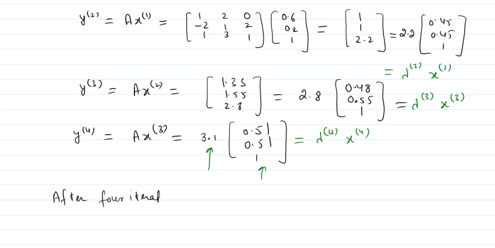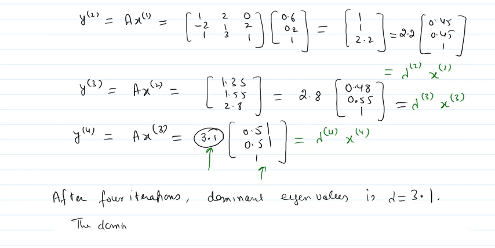After 4 iterations, the dominant eigenvalue is 3.1, that is our final answer, and the dominant eigenvector is x4, so that is 0.51, 0.51 and 1.